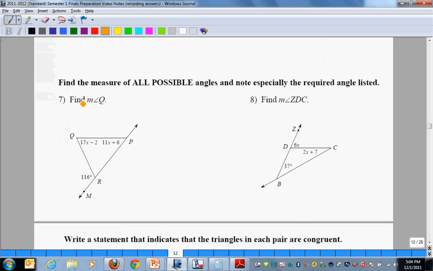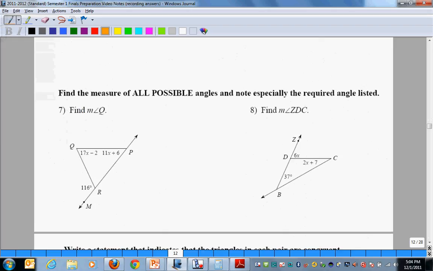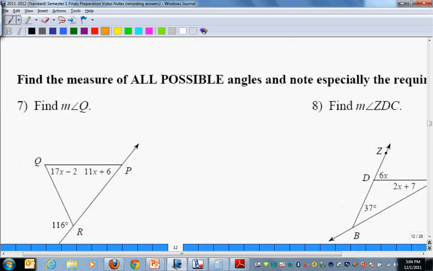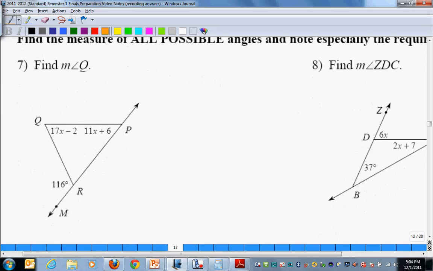Here we want to find the measure of all possible angles and then note especially the required angle listed. So the basic concept here is if you have an exterior angle, that's this angle on the outside, it equals the sum of what's called the remote interiors added together.